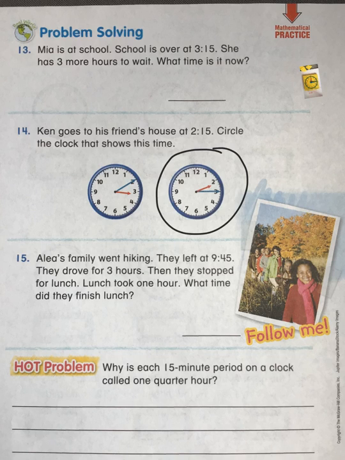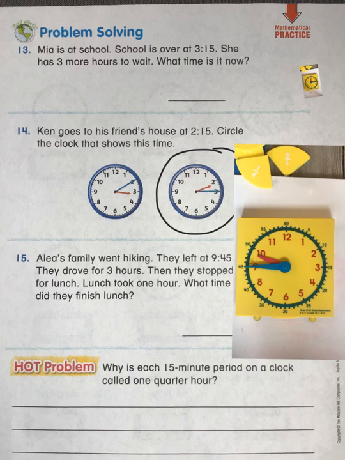Okay, number 15. Aaliyah's family went hiking. They left at 9:45. They drove for 3 hours. Then they stopped for lunch. Lunch took 1 hour. What time did they finish lunch? Okay, for question 15, I brought back my little clock.